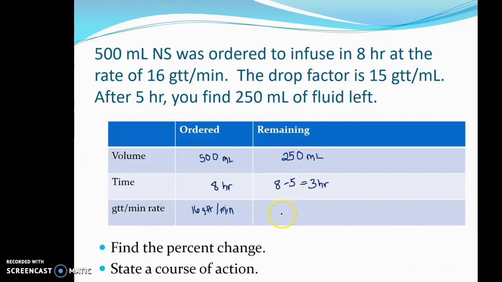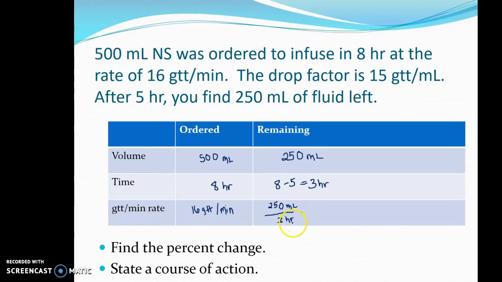So the thing that I need to calculate is the new drop per minute rate. The way that I do that is I take the information that I have for the remaining. So I take the 250 mLs and I divide it by 3 hours, just like I were finding the milliliter per hour rate. But because it is a gravity flow IV, I need drops per minute. So I have to do 2 conversions.